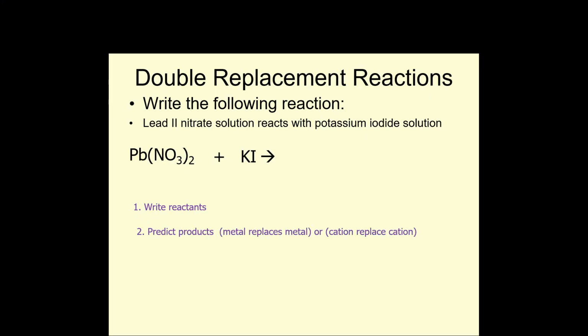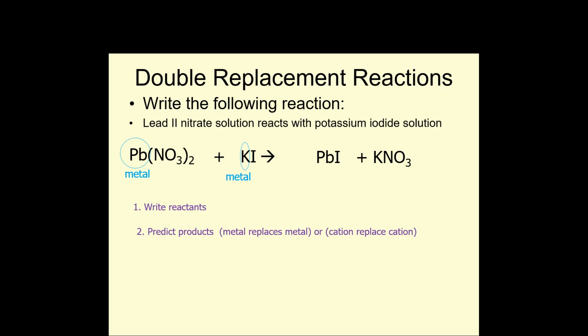Next thing we do, we're going to predict our products. So let's have that lead and that potassium switch places. Cation replaces cation, or metal replaces metal. Like dissolves like. We saw that back in the water chapter, toxic tides. So the lead switches places with the potassium, and when they switch places, you get lead iodide and potassium nitrate.